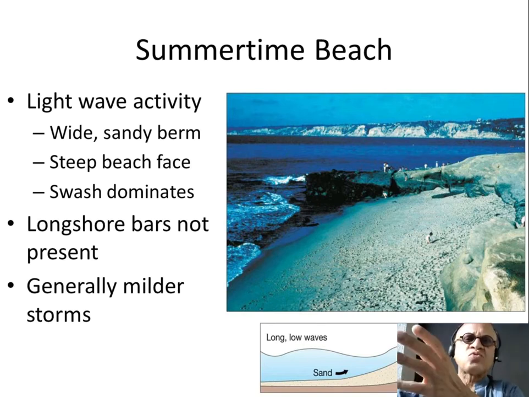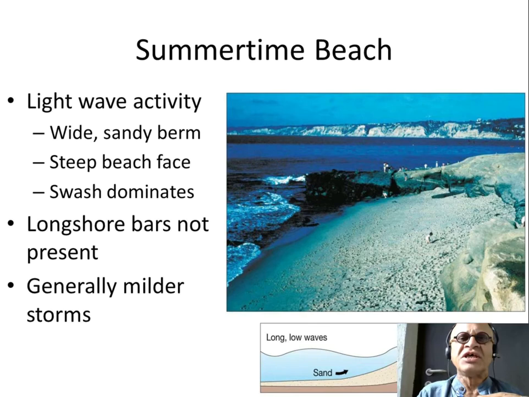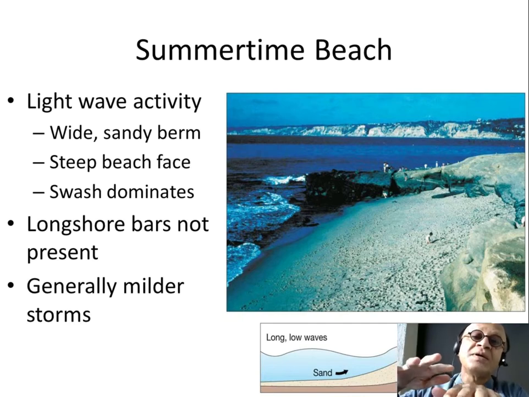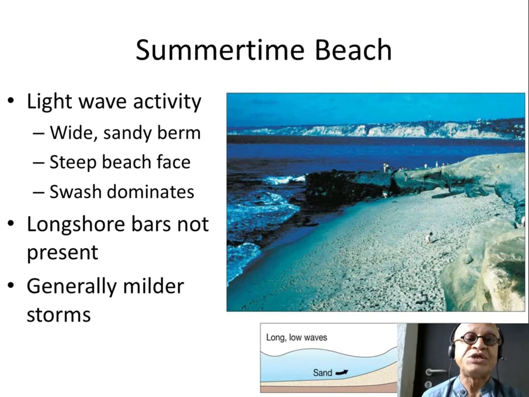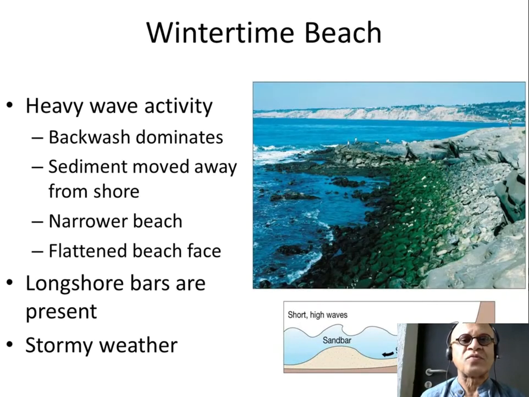So it's the swash that kind of dominates the process of deposition and building up the beach face. The longshore bar that we saw in the first schematic is not present because it's being washed up onto the beach, so it's used to build a nice smooth beach front and generally milder storms, right?